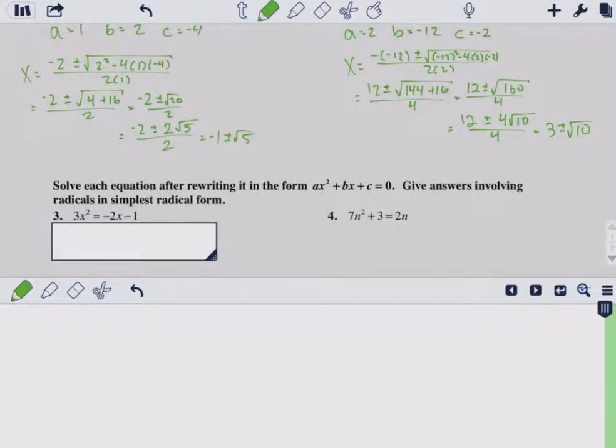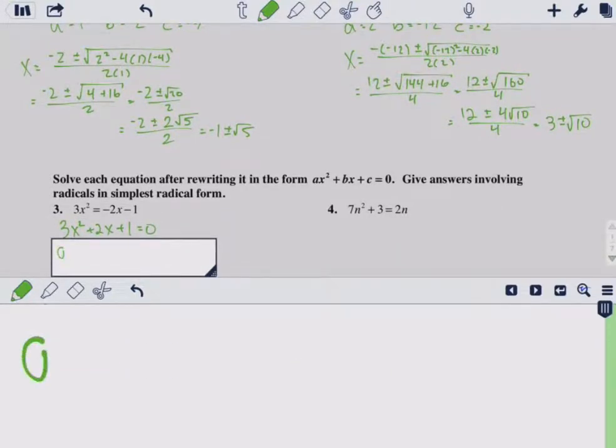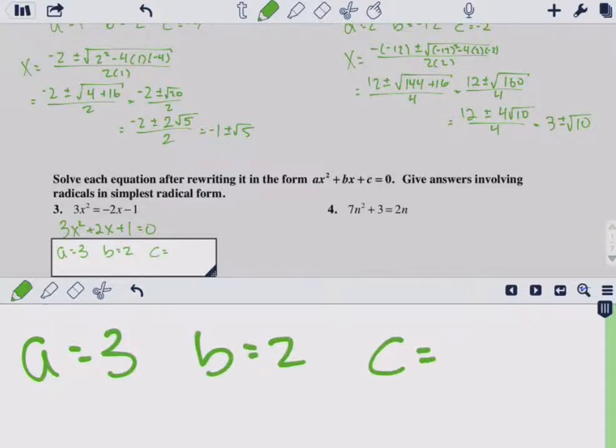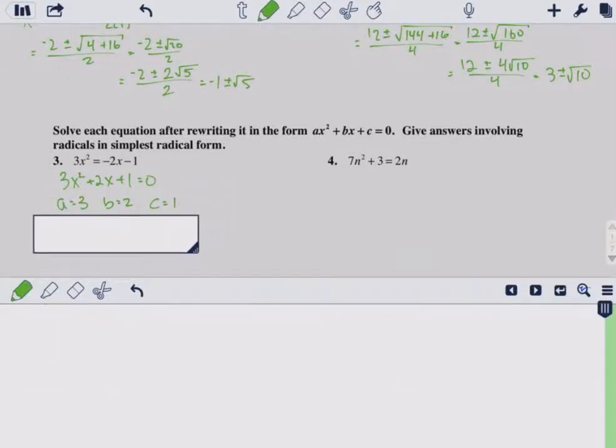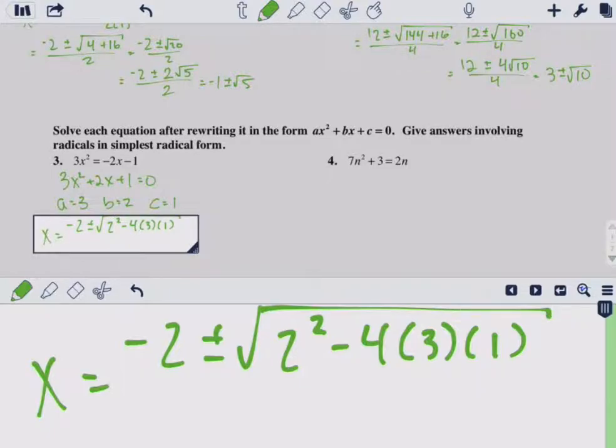Same thing, quadratic formula. First step is get everything on the same side. So I add the 2x, add the 1, I get 0. Then a is equal to 3, b is equal to 2, c is equal to 1. Quadratic formula: x equals negative b plus or minus the square root of b squared minus 4 times a times c, all over 2a.